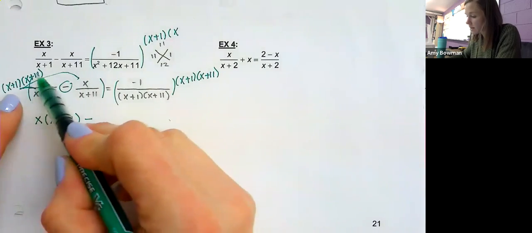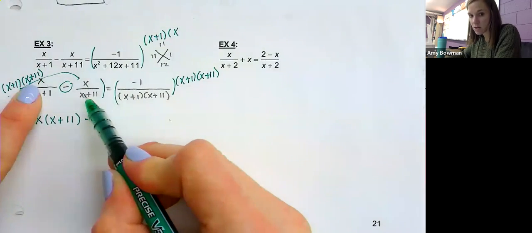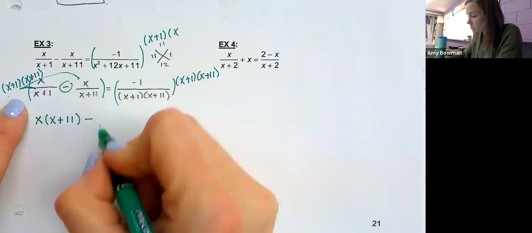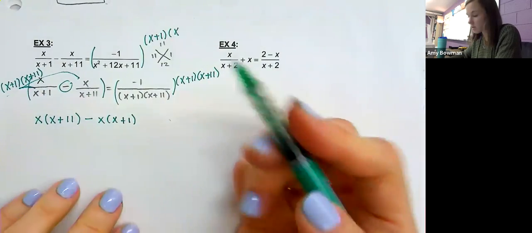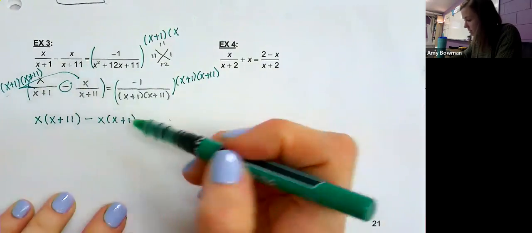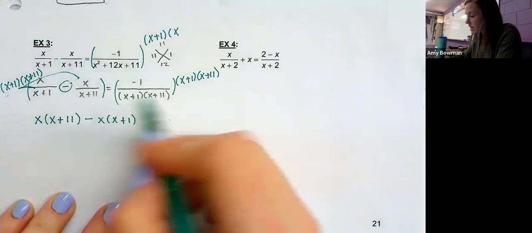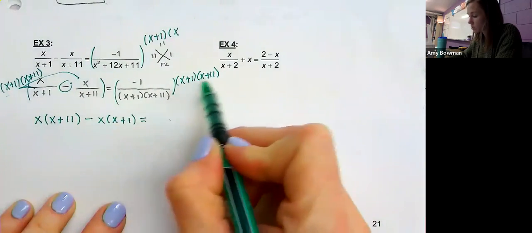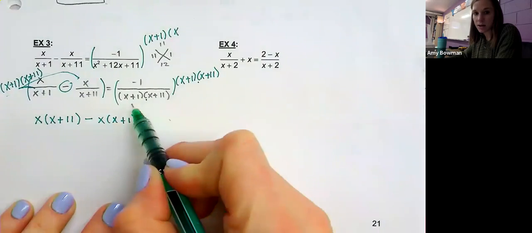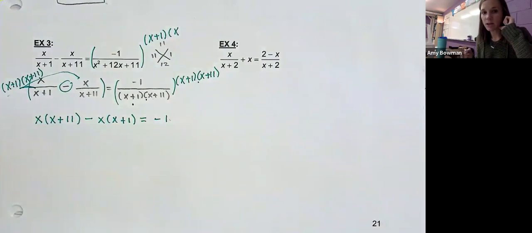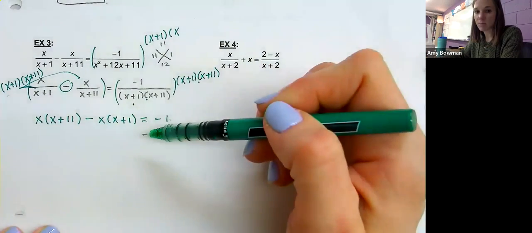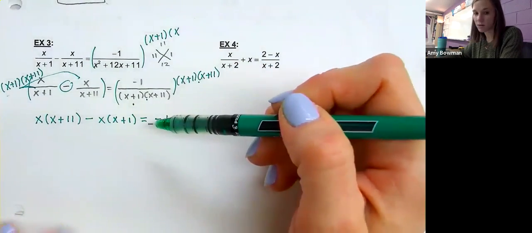So the x plus 11 is going to cancel, and I'm going to just have x times x plus 1 left. So I've distributed that common denominator to both terms. Now I'm going to do it on the right-hand side, which is just going to cancel out the entire denominator, and I'm just left with -1.